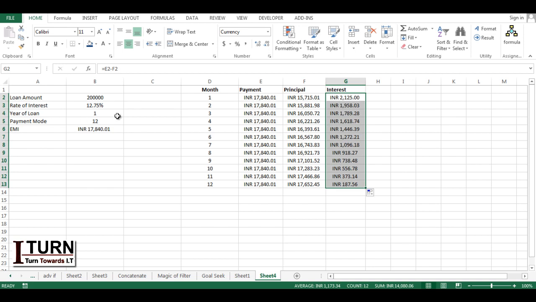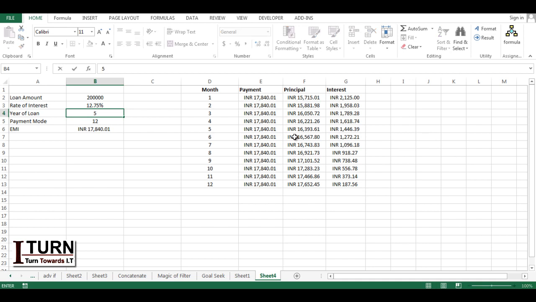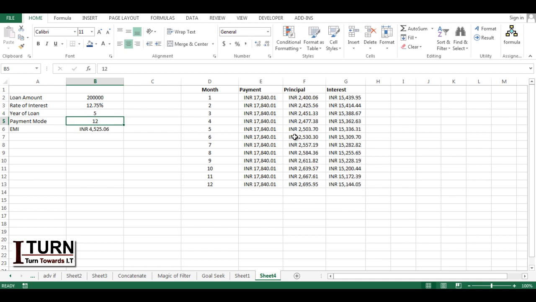If I change a few of the details, let's say year of loan is not going to be 1 year, but rather 5 years. So I'm converting this into 5, and you can see the changes. Now you will be surprised to see here. Okay, I'm going to do a few more changes. Equal to the EMI is going to be this one, again F4.